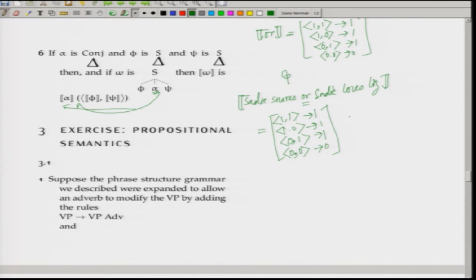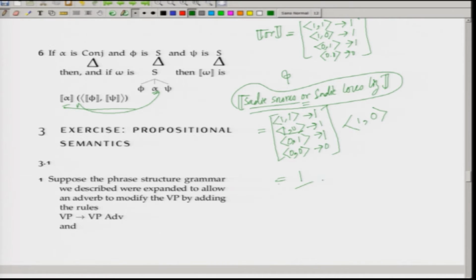This function now takes an ordered pair, and what is the ordered pair we are giving it? We know that SADI knows was 1 and SADI loves Liz was 0. This ordered pair, that is 1 0, gives us 1. So, that is how the truth value of the entire sentence will be 1, we have seen.